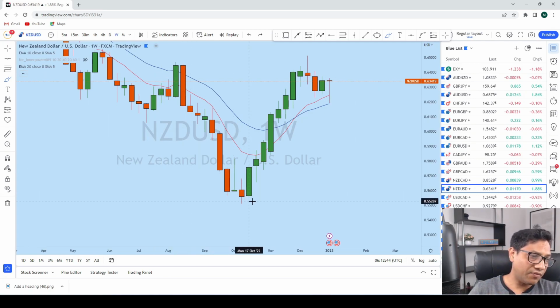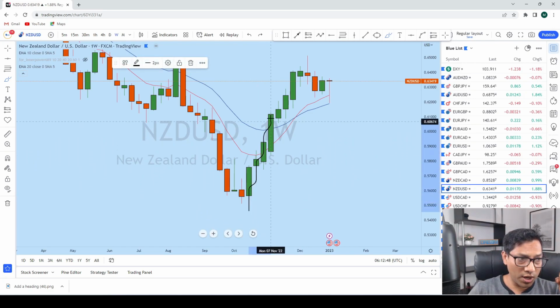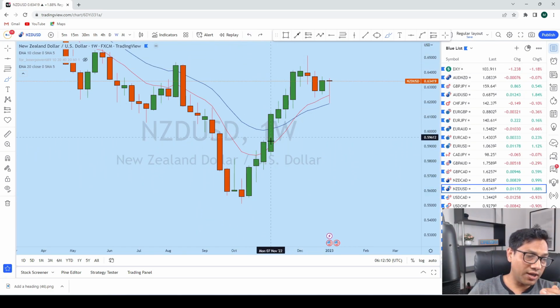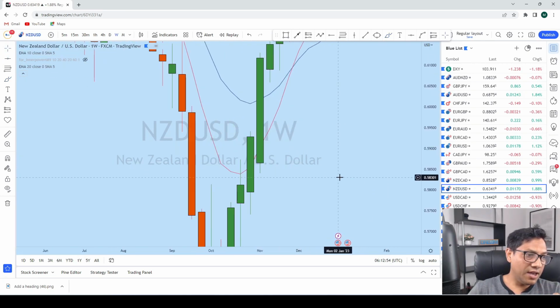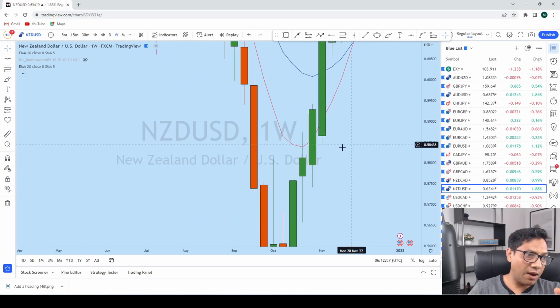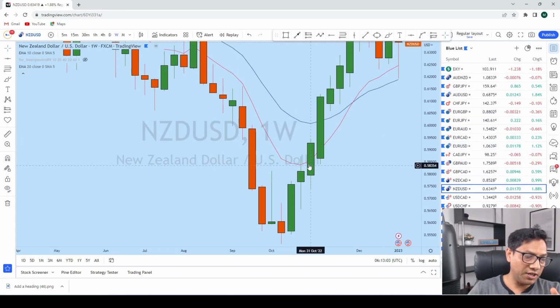Now as you can see, after creating this double bottom, NZD USD has broken to the upside clearly, and you can clearly see that every week the price is creating a gap down in this uptrend. You can see there is a gap down, a clear gap down. After retracing, the price has gone up, created this bullish candle.